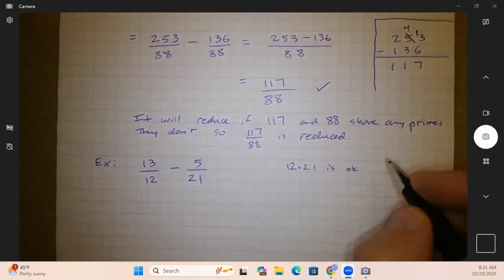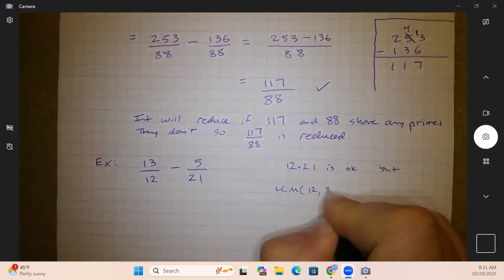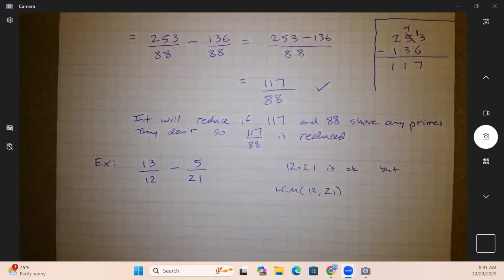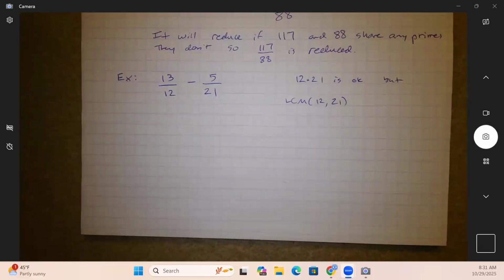So instead, we can find the least common multiple of 12 and 21, so that when we find our equivalent fractions, it's a little bit less work.